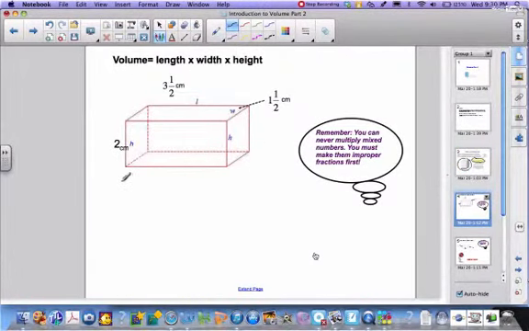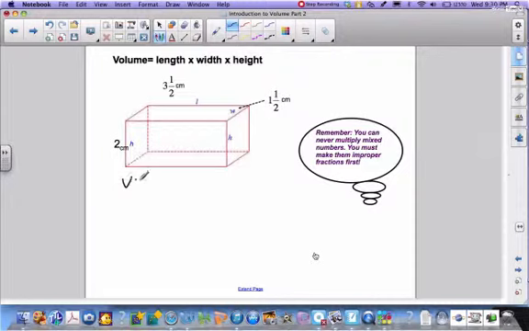Okay, so the formula, we're always going to write the formula first. Volume equals length times width times height. You can see these are a little bit more complicated because they have fractions. So I'm going to substitute in there. The length is 3.5 times the width is 1.5 times the height is 2.